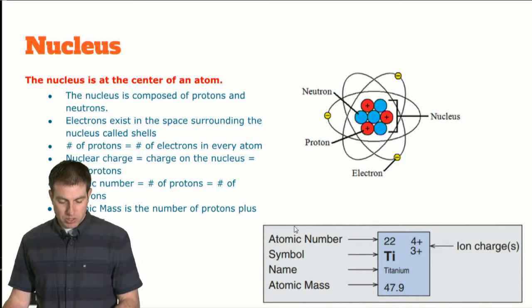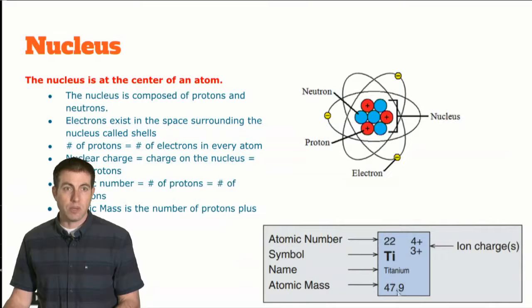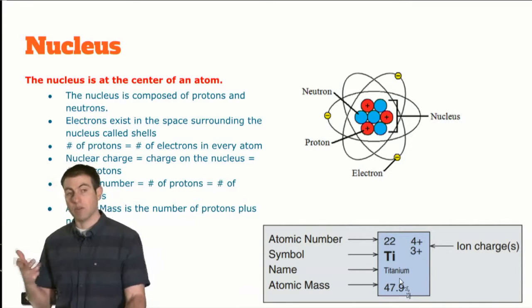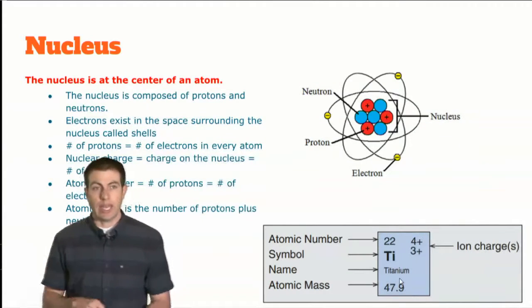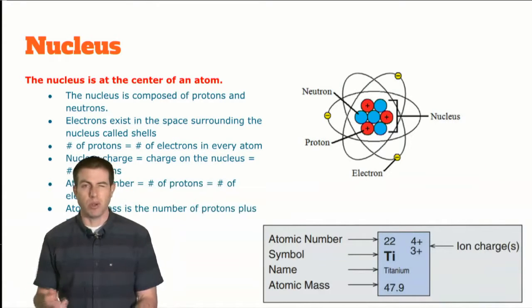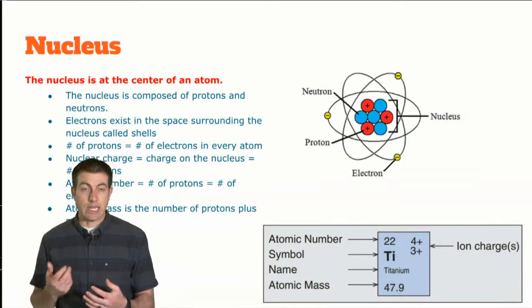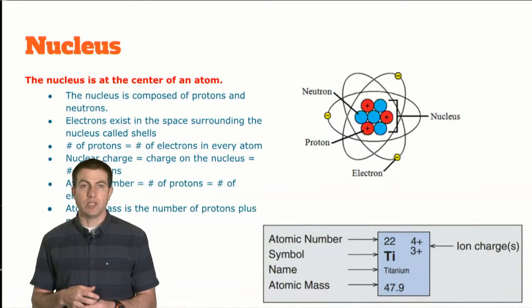The atomic number is the number of protons up at the top here. The atomic mass is protons and neutrons. So when we have the atomic number being 22 and the atomic mass being 47.9, we'll round that 47.9 up to 48. And we can figure out how many neutrons there are.